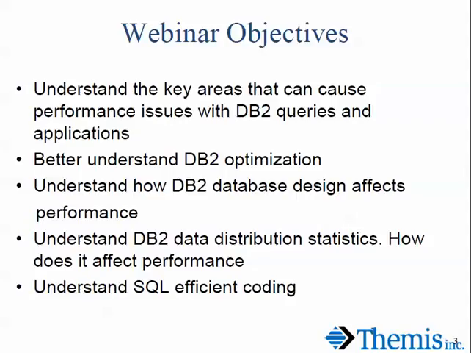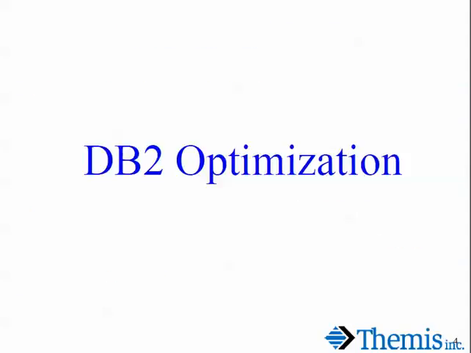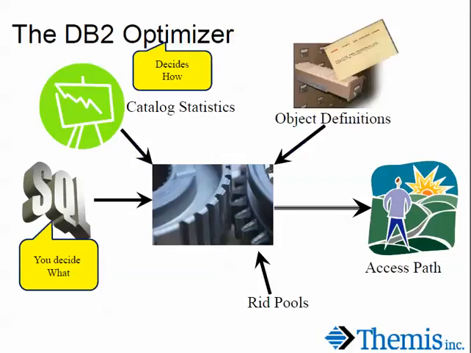The optimizer needs to know some cardinalities, for example, and some unique statistics that we're going to talk about to help it choose the best access path. So how do statistics affect performance? How does database design affect performance? How does our SQL coding affect performance? A lot of different areas here we're going to talk about. So let's get rolling.